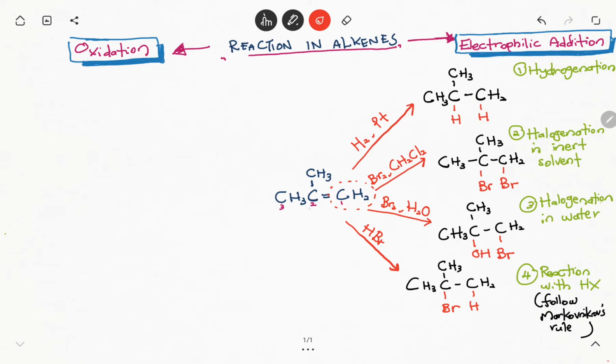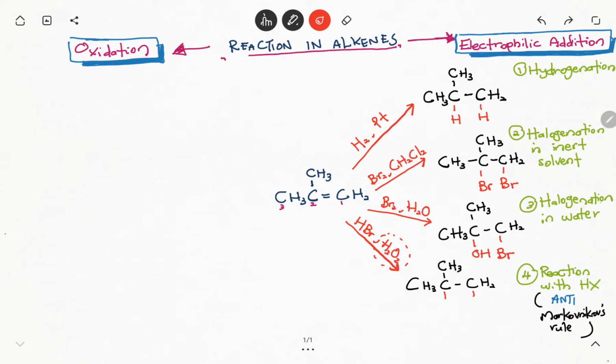But there is a condition where we will not follow Markovnikov's rule, or we call it anti-Markovnikov, when there is a presence of peroxide or H2O2 in the reaction.